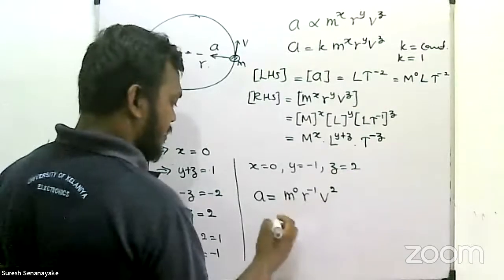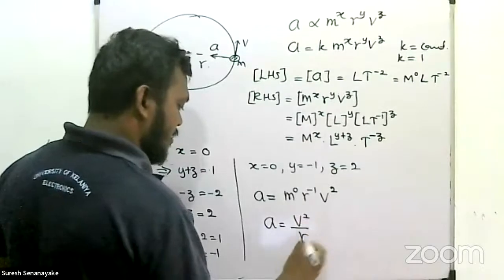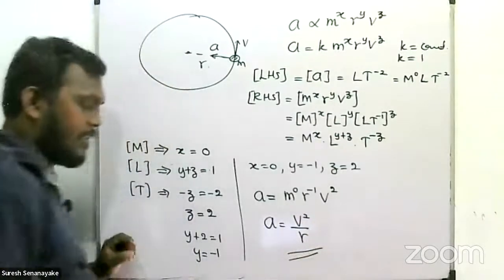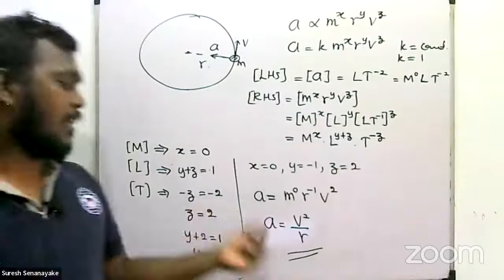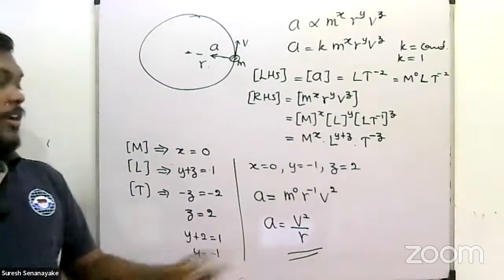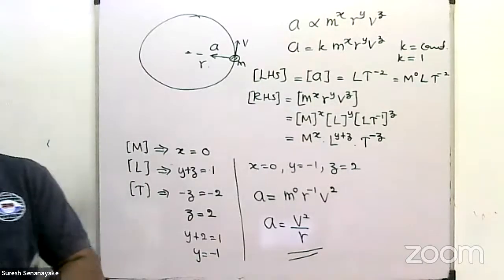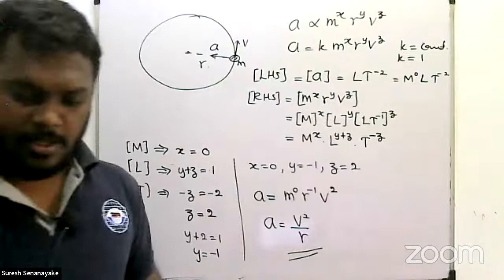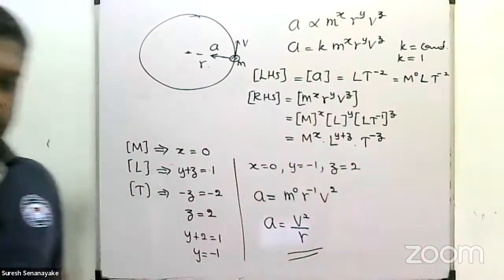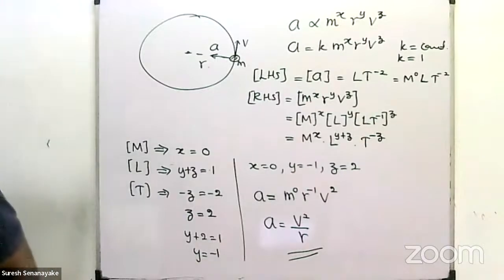Then you can write this equation as v squared over r. The acceleration doesn't depend on the mass, which is why the mass doesn't appear here. If it depended on mass, it would appear in the equation. That's the way you find it. Is it clear up to this point?